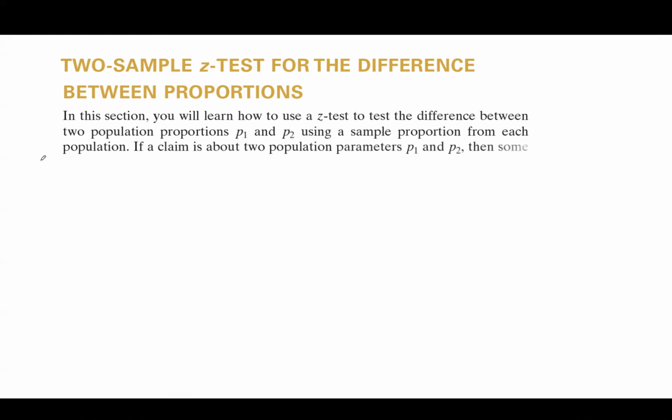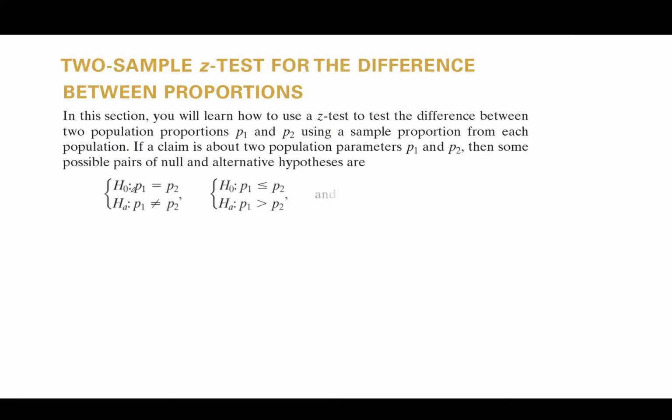If a claim is about two population parameters, P1 and P2, then some possible pairs of null and alternative hypotheses are listed as below. Null hypothesis says the population proportions are equal. Its opposite, they are not equal.